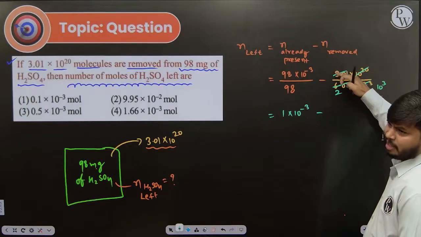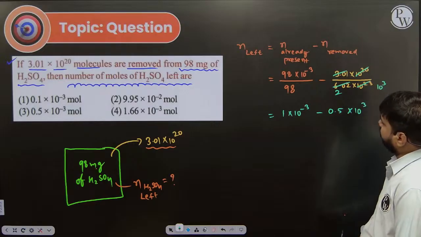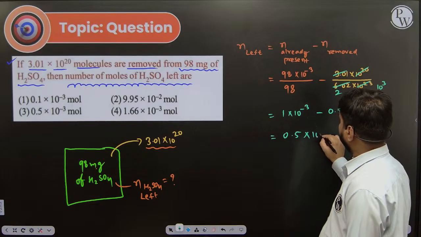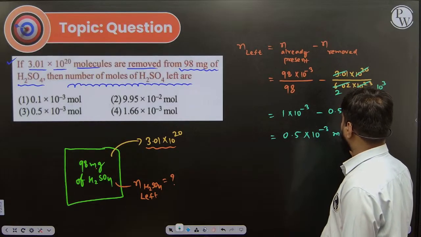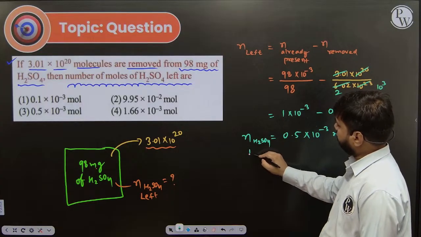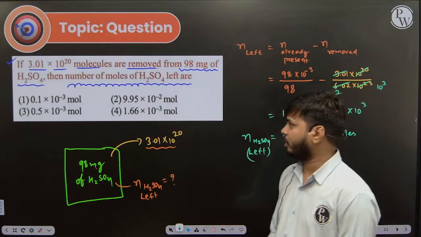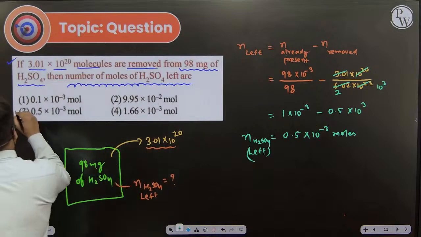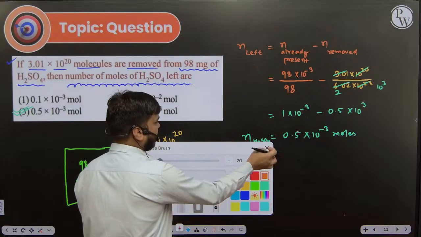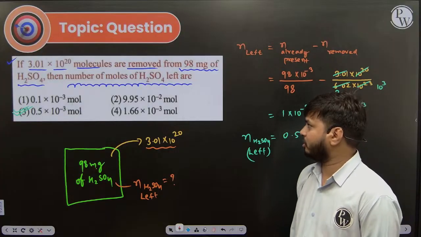So here we have 1 by 2, which I can write as 0.5 into 10 to the power minus 3. Now 1 minus 0.5 is equal to 0.5 into 10 to the power minus 3. So this many moles of H2SO4 are left in the container. The answer is option number 3. This is how we can calculate whatever is being asked.